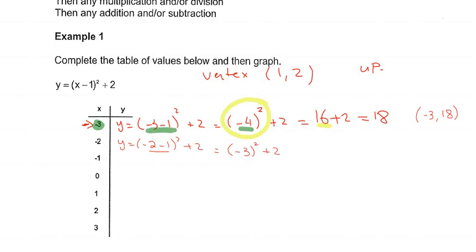After I do the brackets, what do I do? Exponent. Negative 3 squared gives me positive 9. Yes, because anything squared becomes positive. Look at this, negative 3 times negative 3. What's negative times negative? Positive. 3 times 3 is 9. And then 9 plus 2 is 11, yeah? So my point is negative 2, 11.